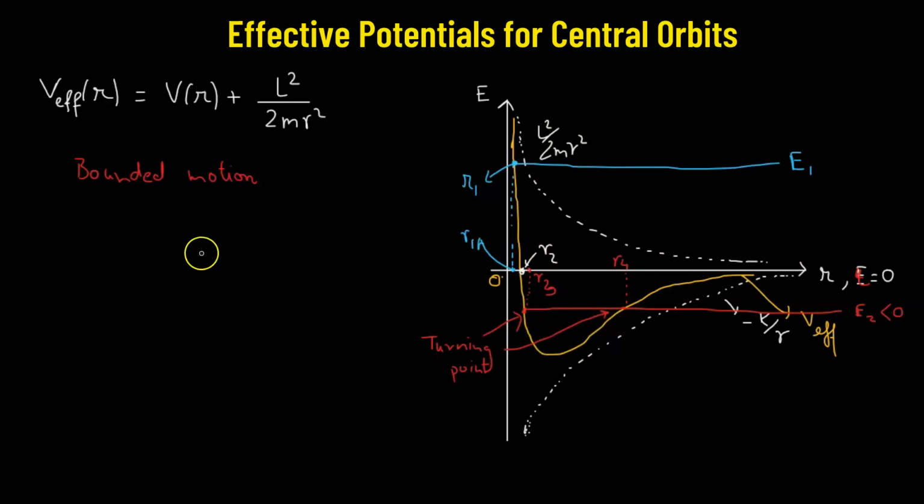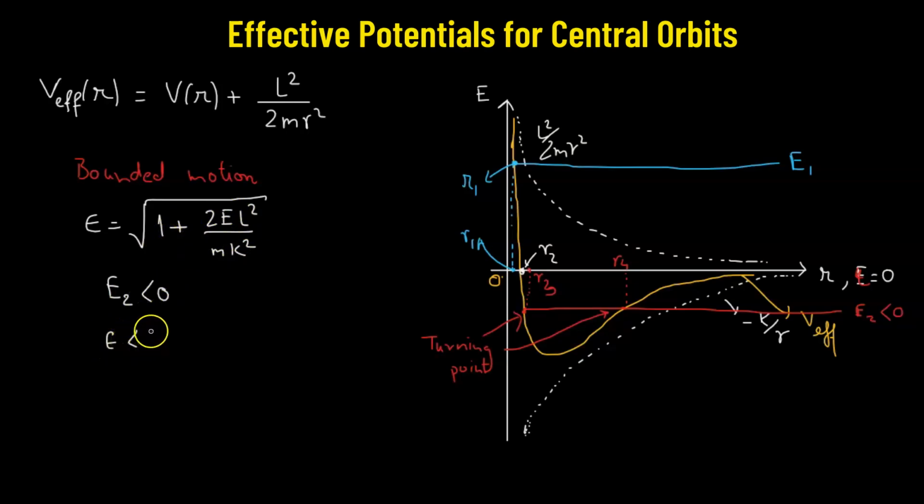Now coming to the trajectory of this particular orbit. Here we have the energy value E2, which is less than 0, negative. So epsilon is going to be less than 1. And because eccentricity cannot be negative, the lowest bound for eccentricity will be 0, such that our eccentricity value lies between 0 and 1.